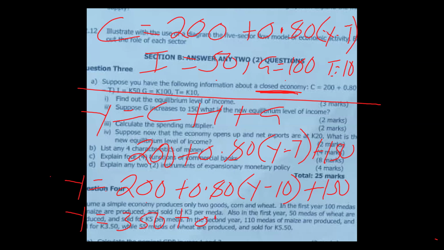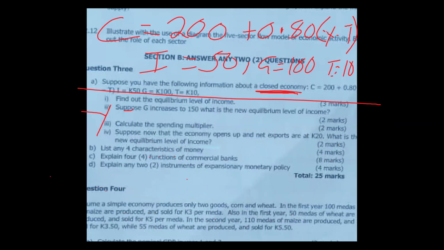This should be 0.80y minus 0.80 times 10. This should be 8, right? 0.80 times 10, 8. It should be 8. Okay, and then we continue from there.